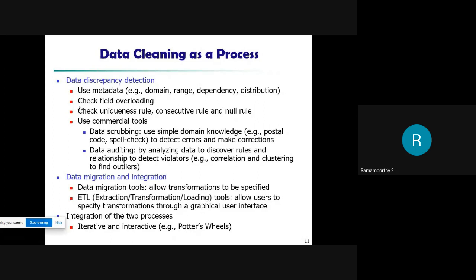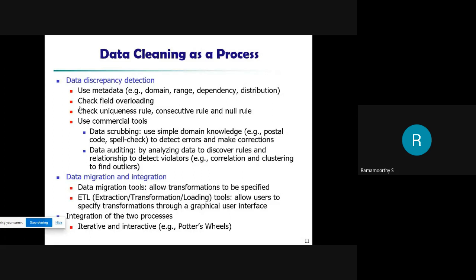So allow the transformation to be specified. A very important keyword related to any data mining tool is ETL: extraction, transformation, and loading. There is something called the ETL layer, which is part of the database management system.